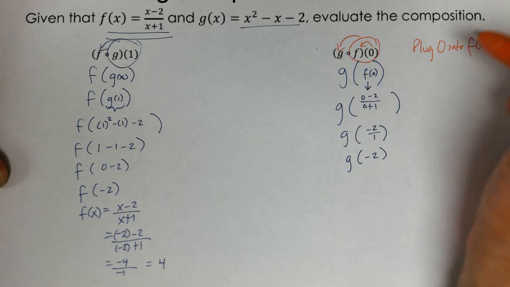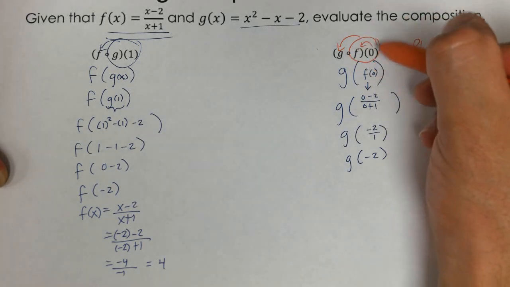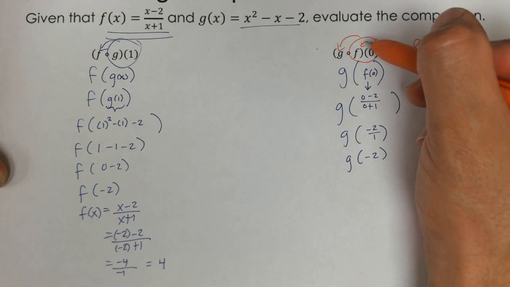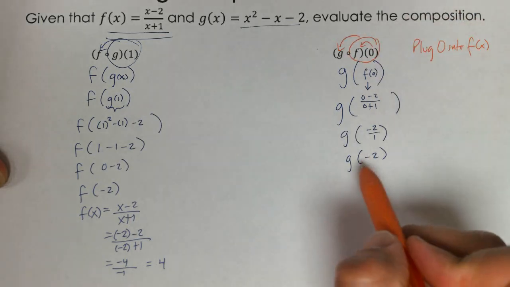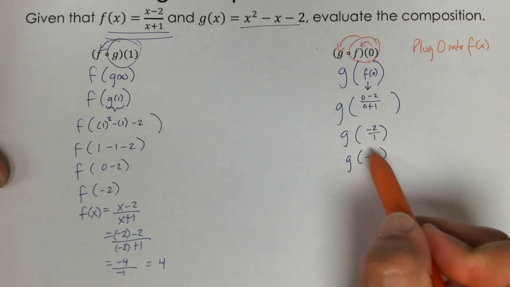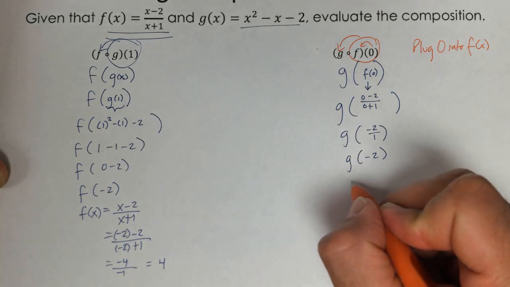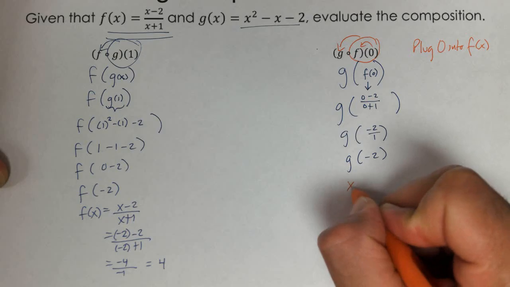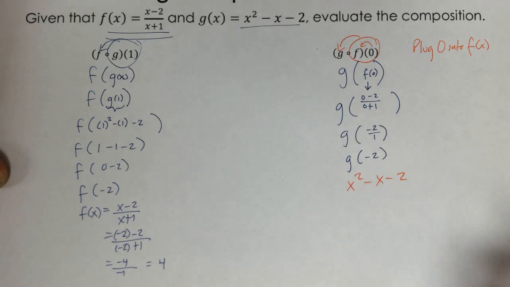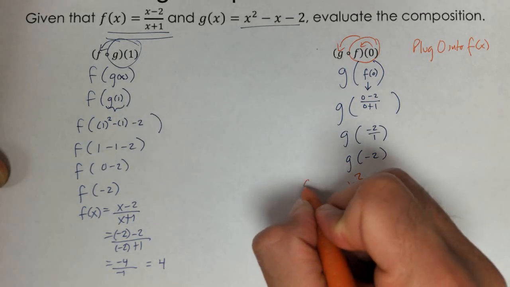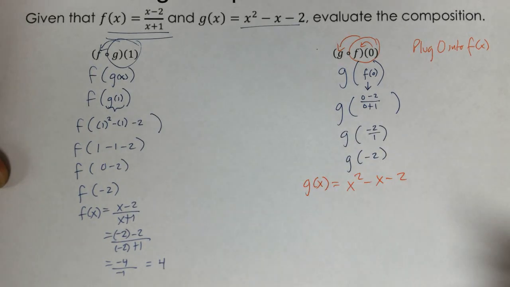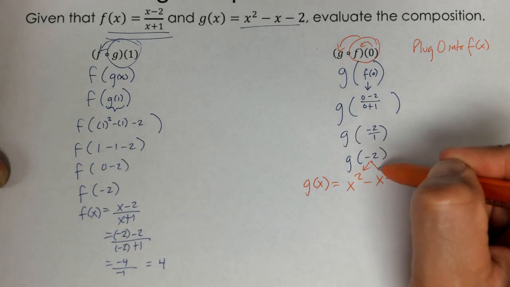Now that I've got the value of f of x at 0, I can take my answer and plug it into g. Hence this right here. I'm going to plug negative 2 into the g equation. And g is x squared minus x minus 2. This is g of x. I'm going to plug negative 2 in for x.